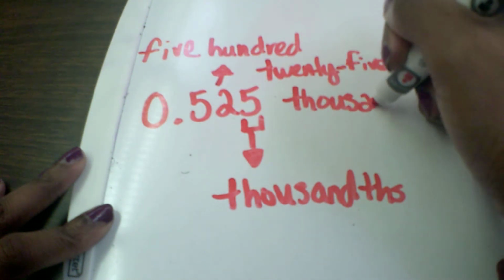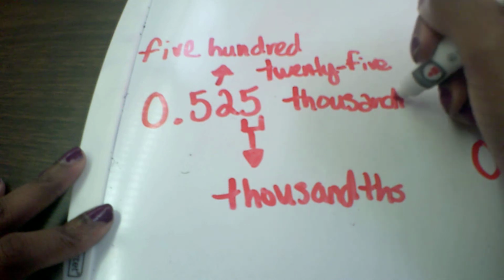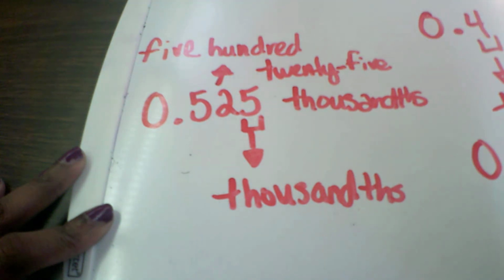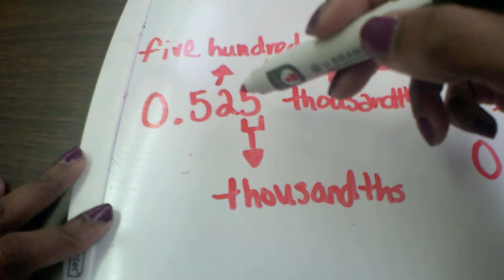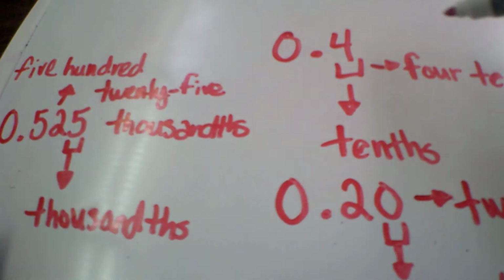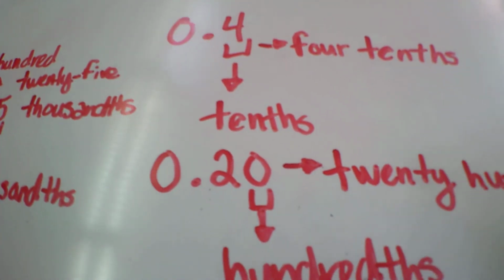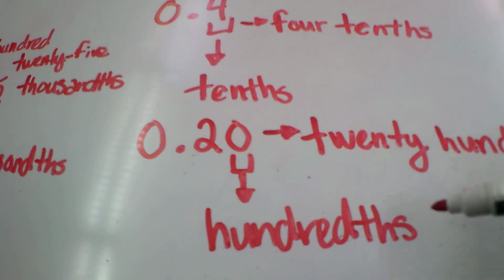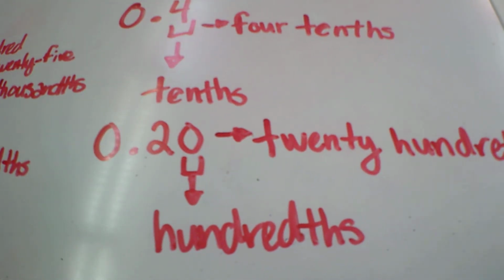I'm sorry I had to write it like this, but I was running out of space. Okay, so this is 525 thousandths. This is 4/10, and this decimal over here is pronounced 20 hundredths.